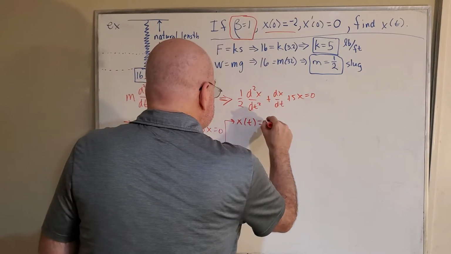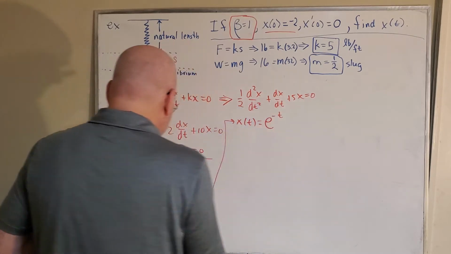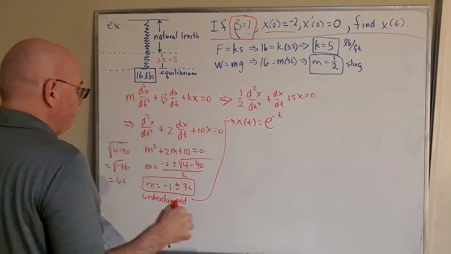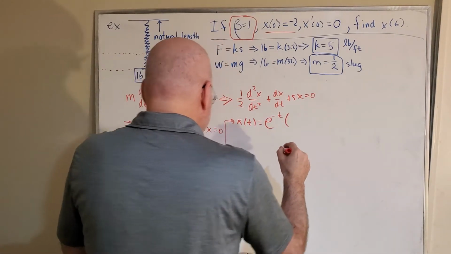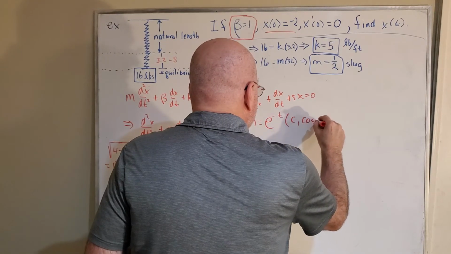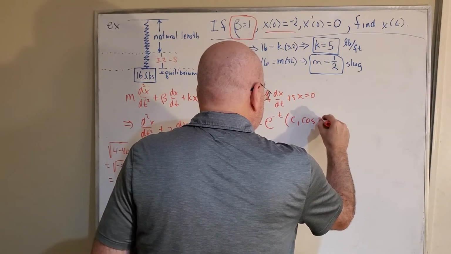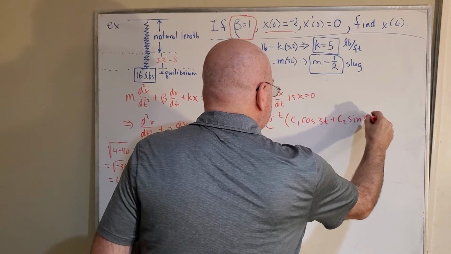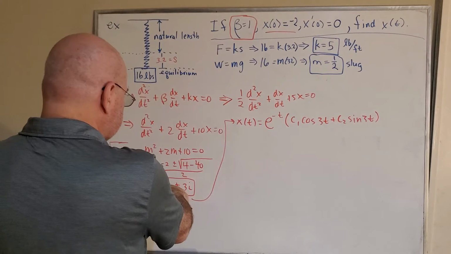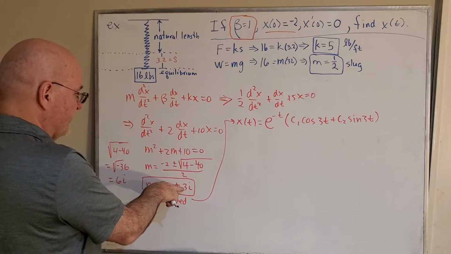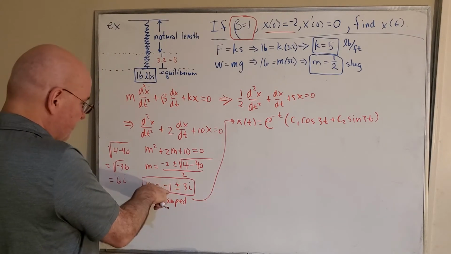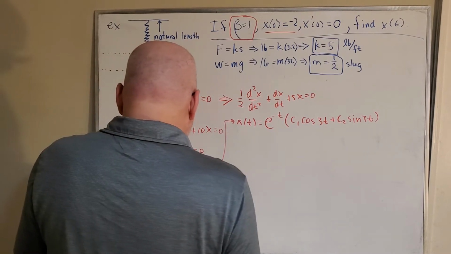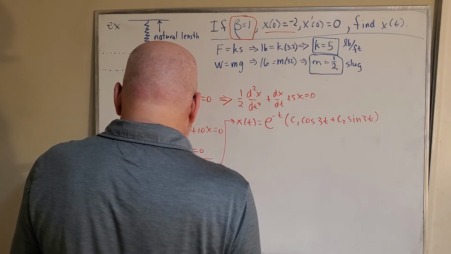X of t is e to the -t, it's -1 just times t, times, and here we get sines and cosines. c1 cosine 3t plus c2 sine 3t. I think I mistakenly said earlier that the 3 was the exponent of the e. It's the -1 that's the exponent of the e. So that's the general solution, and I think I want to go get the derivative now.